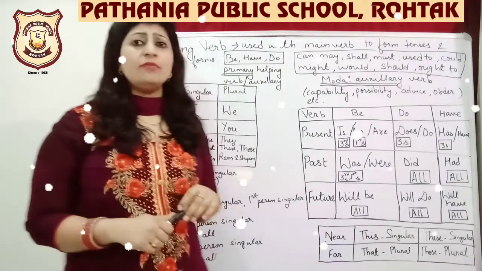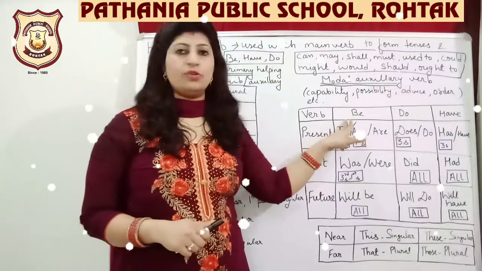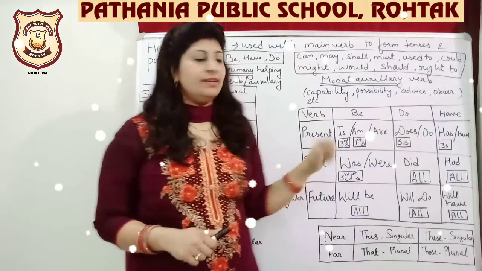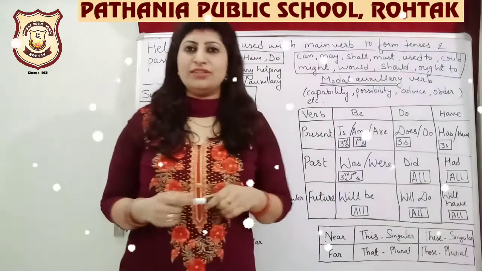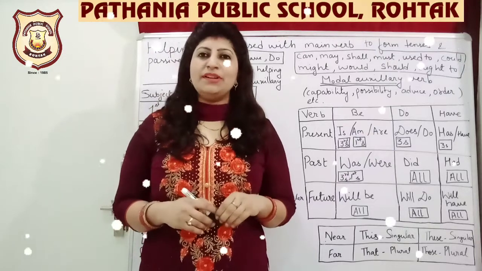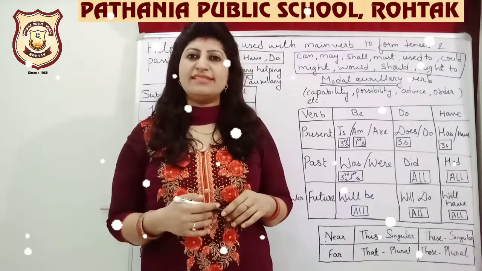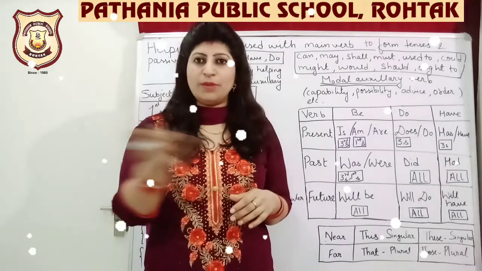And what are the exceptions then? Let's come to the first portion of your chart: is, am and are. Now you will notice in the present generation also, some people easily mingle with everyone and some are shy, like you students I'm talking about.